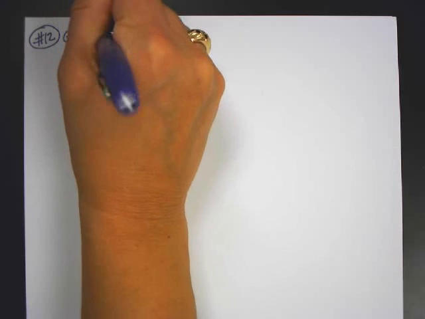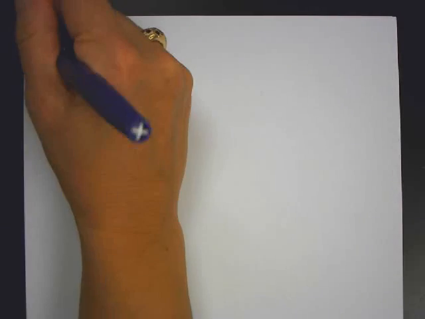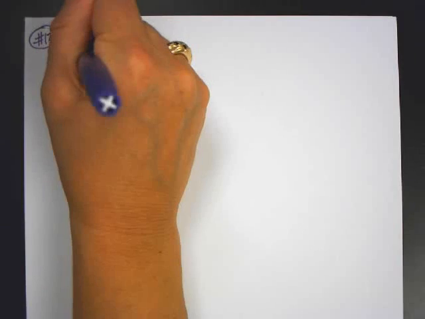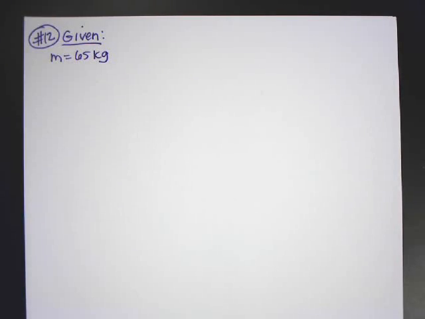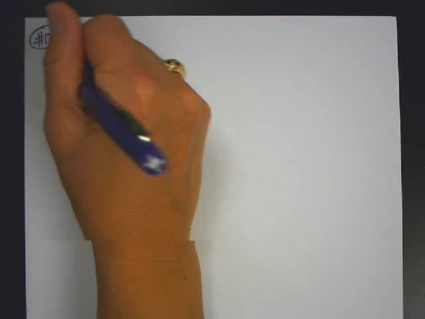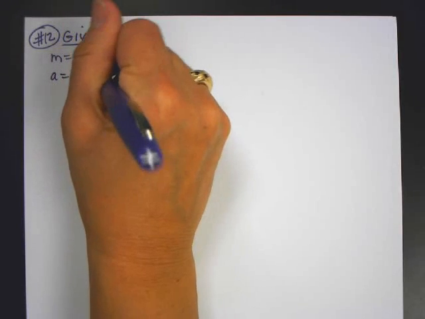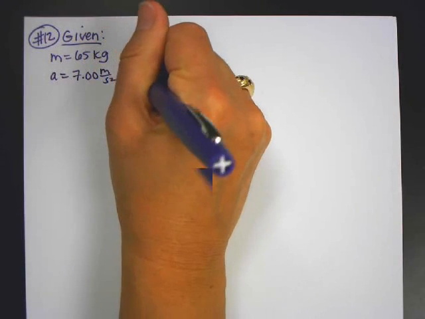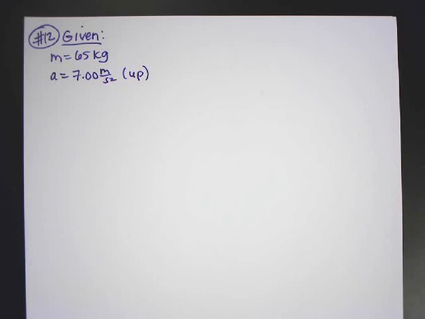So we're going to write our given. It says a 65 kilogram crate, so mass is equal to 65 kilograms, is to be accelerated at 7 meters per second squared up. So the acceleration is 7 meters per second squared, and I'm going to write up because that's going to help me for my free body diagram.